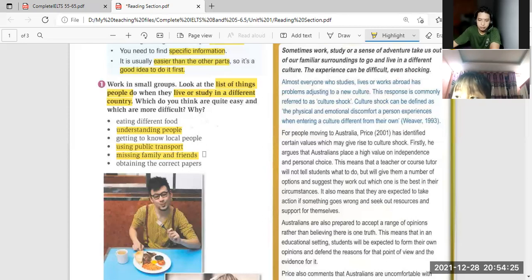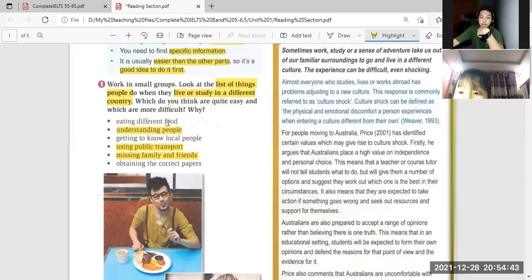Okay, so you can still see the family, especially when you have a phone. You can have a video call with your family and friends, so you're no longer missing them, right? Yes. Okay, very good.